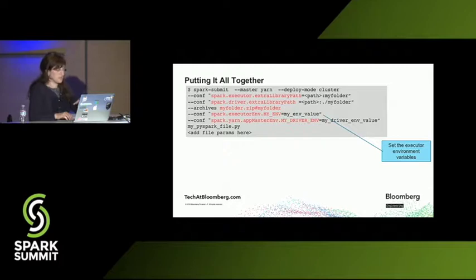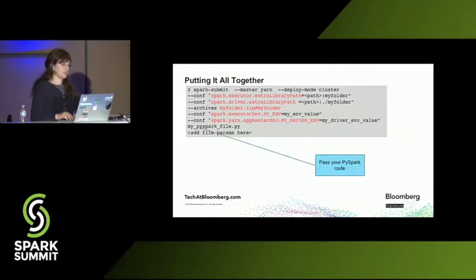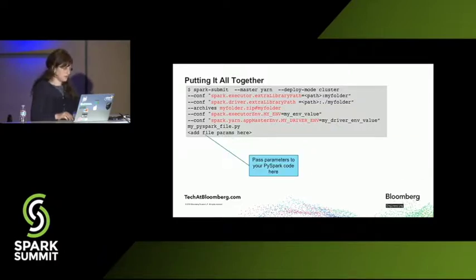You'd set your executor environment variable. You'd set your driver's environment variables. Then you'd actually run your Spark driver code. And then any parameters that your code needs would be over here. And that way you can run your entire package together.